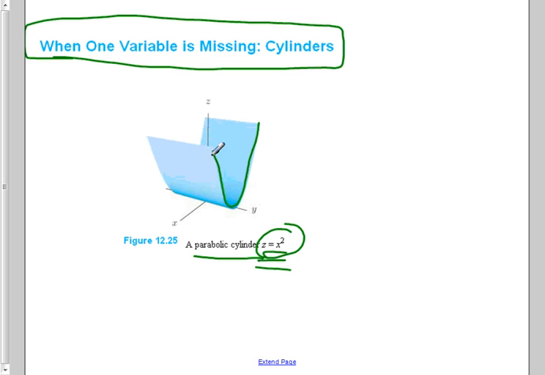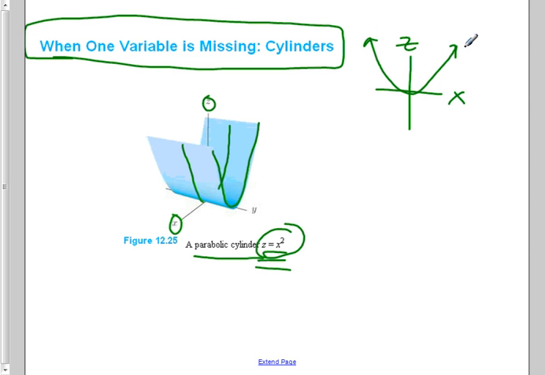So the cross sections, looking at just x and z, we're always going to get some parabola, the same parabola, which is just x squared. And the idea is the variable that we're missing is y.